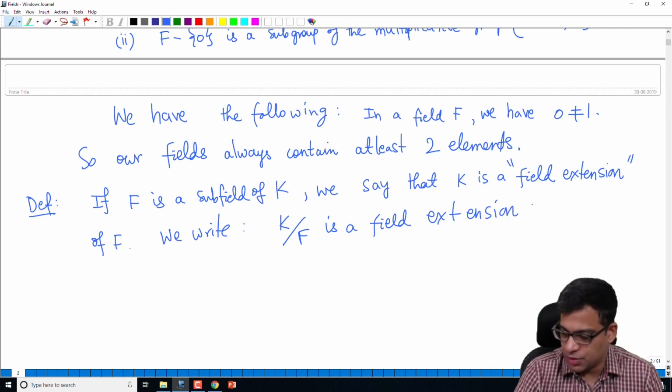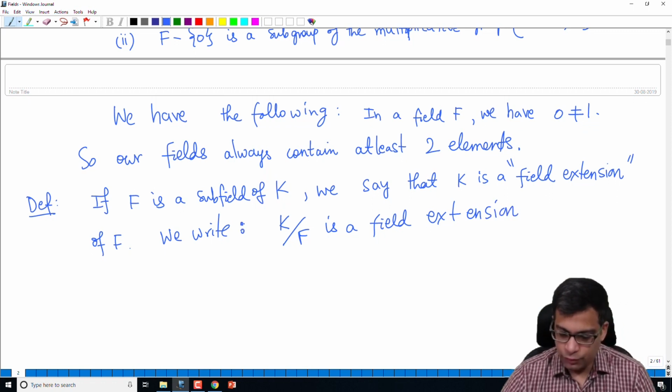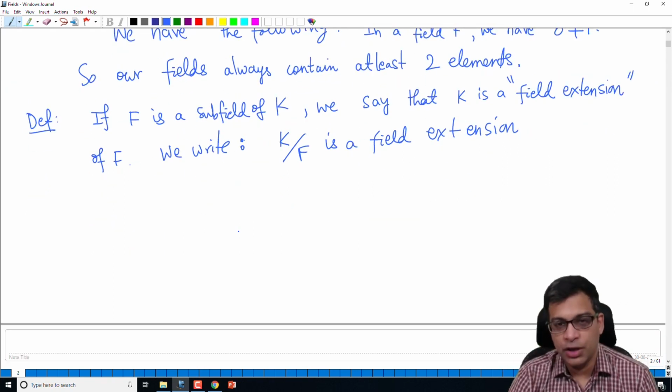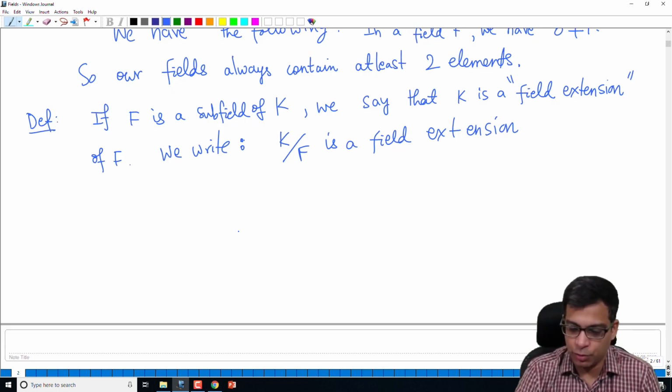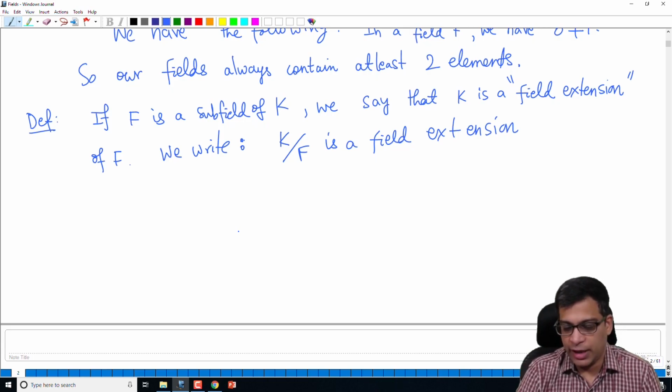So various notations we will follow. Field extension, we write K over F. Do not confuse this with the construction of a quotient ring. This is not that, so it's somewhat confusing. And I will generally try to avoid this notation, but you might see this sometimes. K over F, when we are talking about fields, is just a notation.